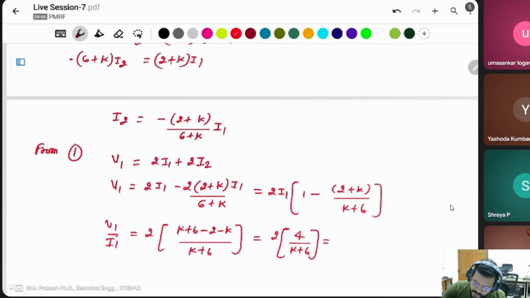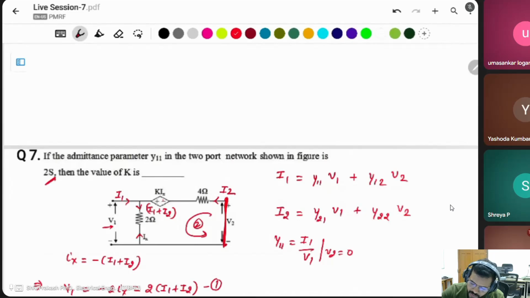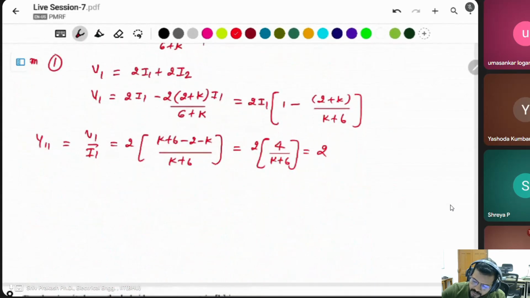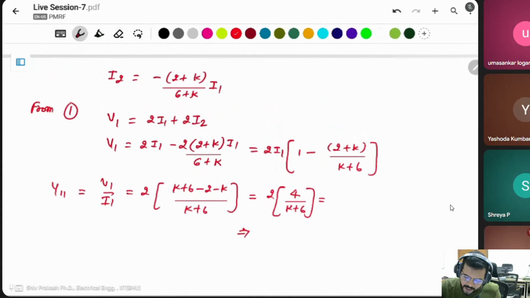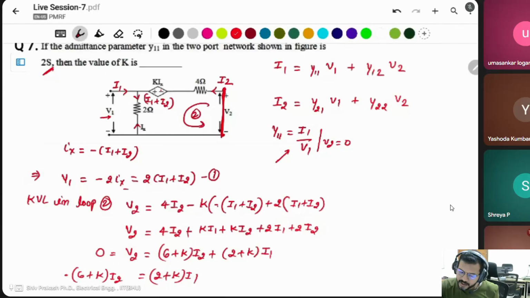And this value is y11, and this is given as 2 in the question. Y11 is 2s. Then 2 will be cancelled out. Sorry, this was V1 by I1, but in the question I1 by V1 is 2.